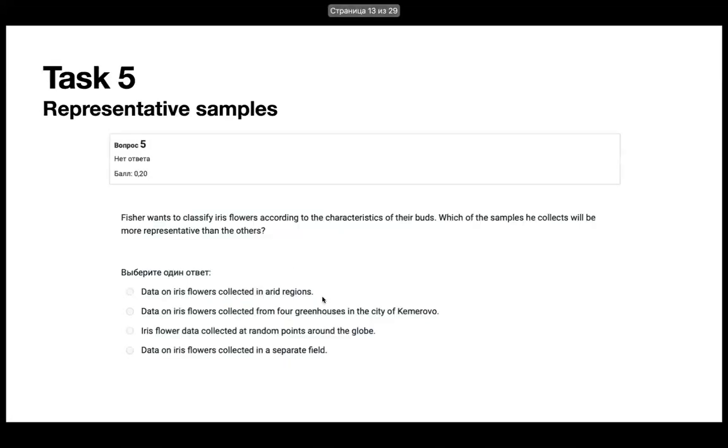Okay, let's take a look at the task. Here we got a few statements. Data on iris flowers collected in arid regions. It would not be very representative because we won't have data collected in non-arid regions. So I guess we should find something more representative.